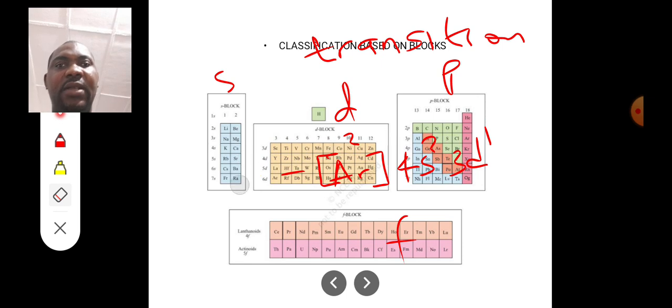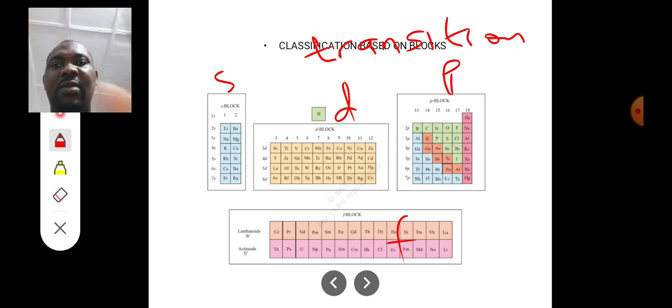Now let's quickly see the F block elements. F block elements are elements whose configuration ends with F, or you say they have incompletely filled F orbitals.